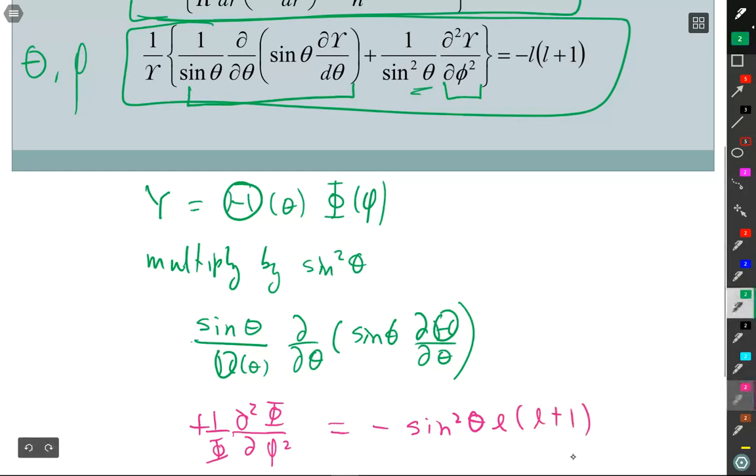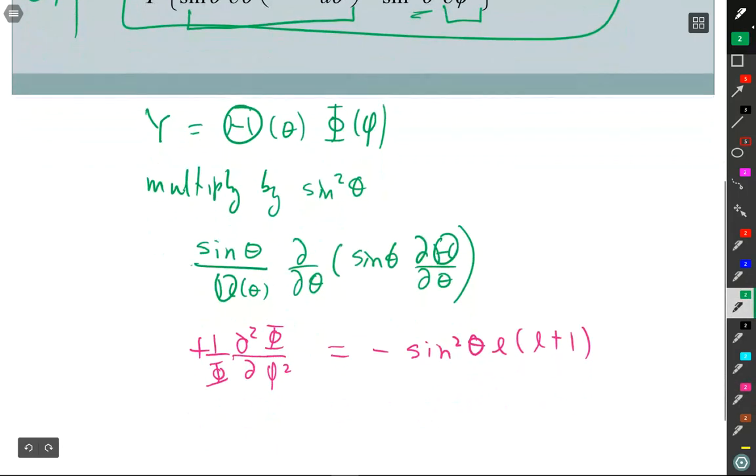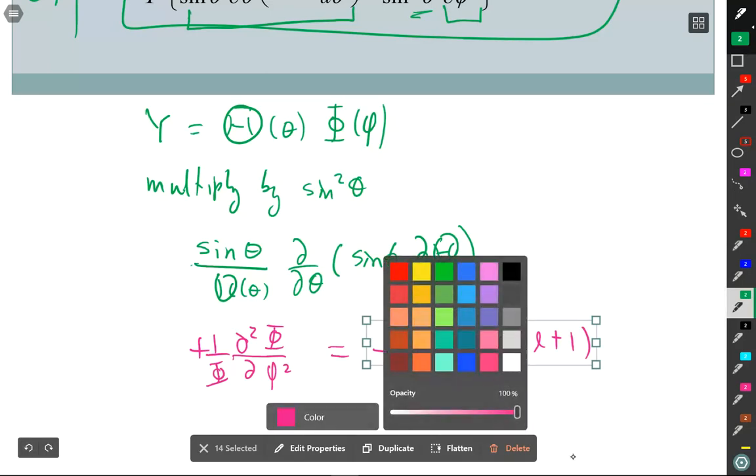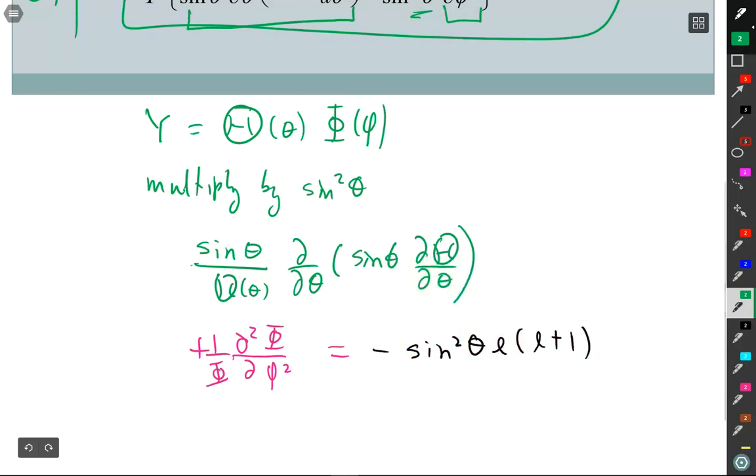Actually, I'm going to change this last one to be in a different color. Yeah, black. So now the black one and the green one only depend on theta, and the magenta one only depends on phi. So we've done what Chad said. We've separated them once more.